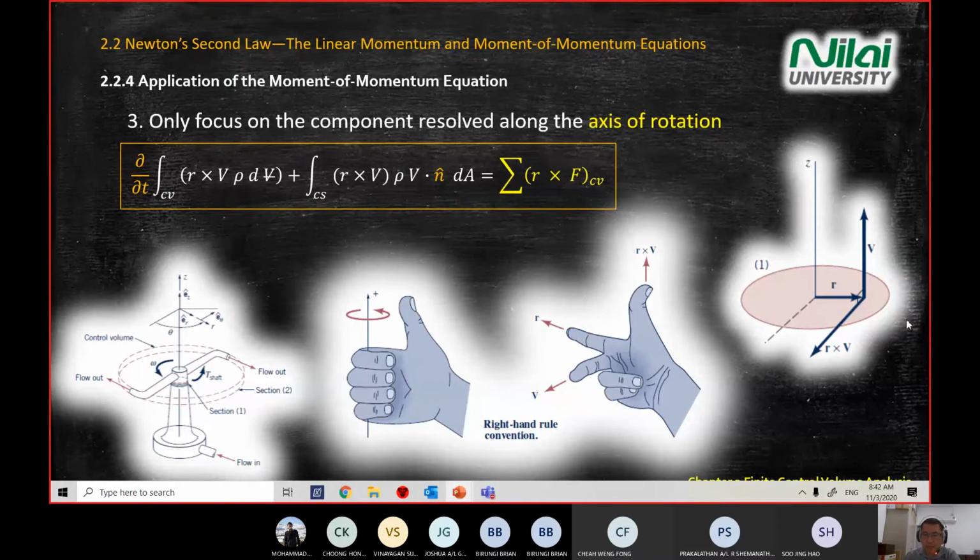Okay, this is just a revisit of your physics on vector. All right. This right-hand rules convention is important when it comes to a question that asks you to explain what happened when you have this kind of scenario. Means either the hose will swing to which direction. So you need to explain using right-hand rules.